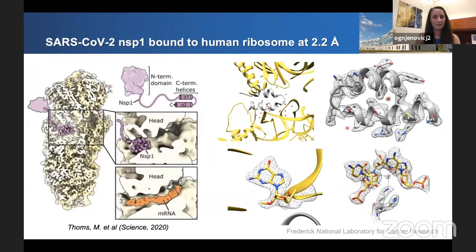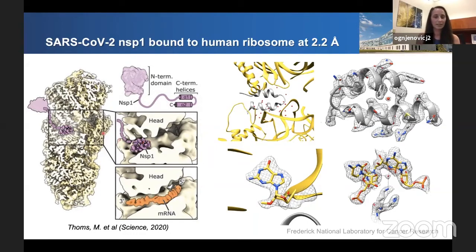So this is an example of another project we did on the ribosome. As I mentioned, the ribosome has a really important role, especially today. This example shows what happens with the ribosome when the SARS-CoV virus enters a cell.